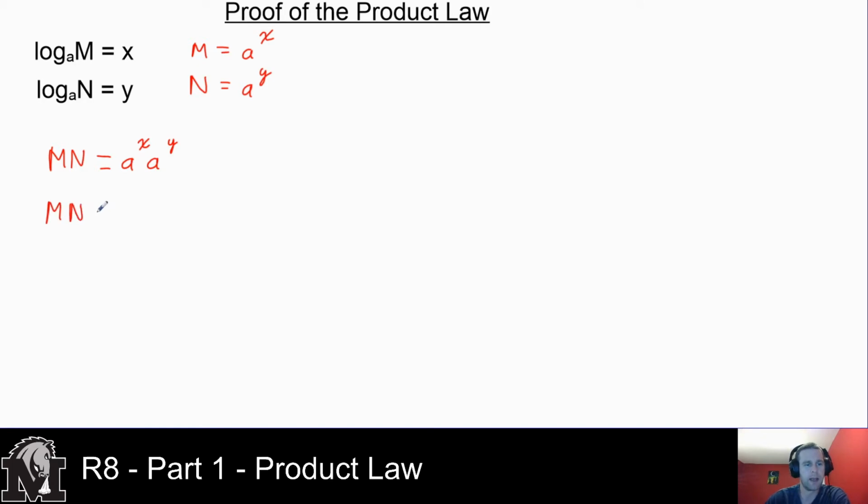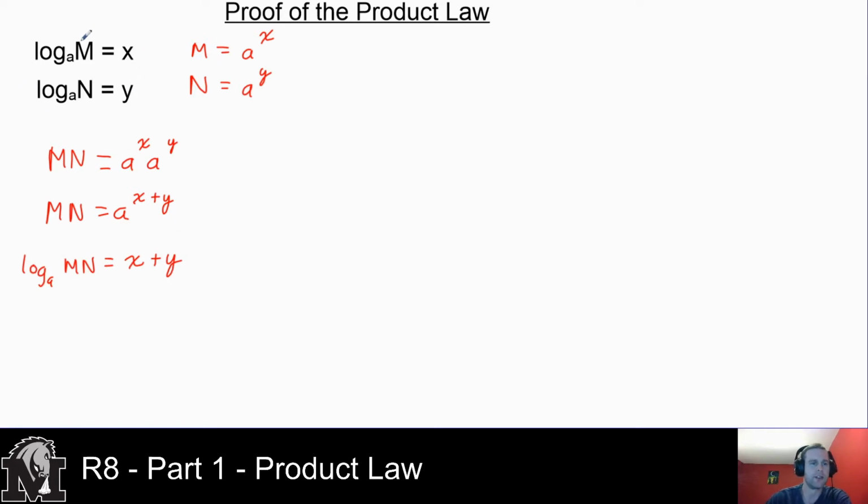So mn equals a to the power x plus y. Then I'm going to write this in logarithmic form. So I'm going to move this a over to the other side. So we have log base a of m times n. And that just leaves me with x plus y on the right-hand side.